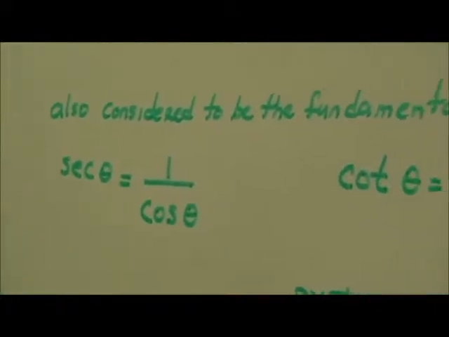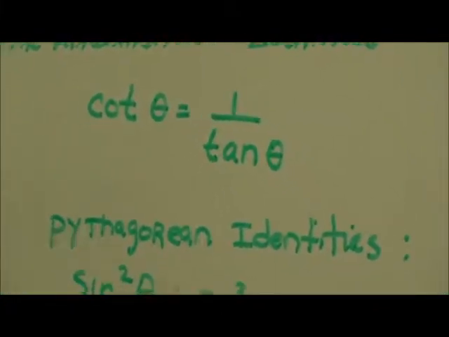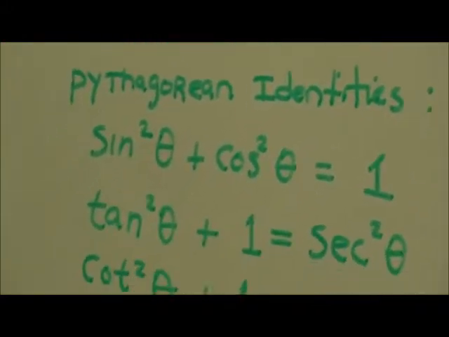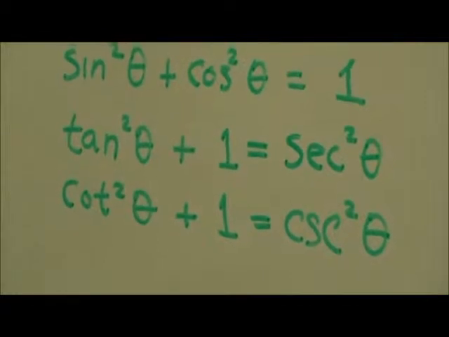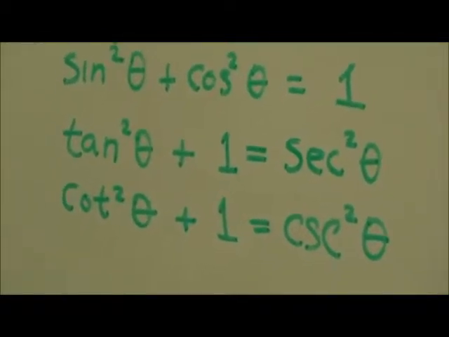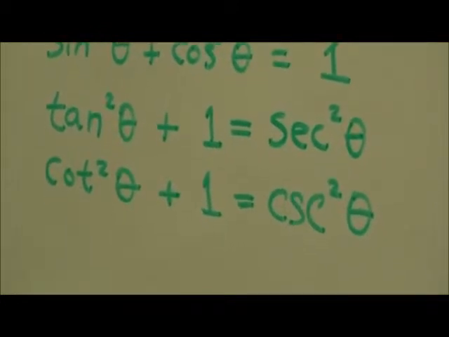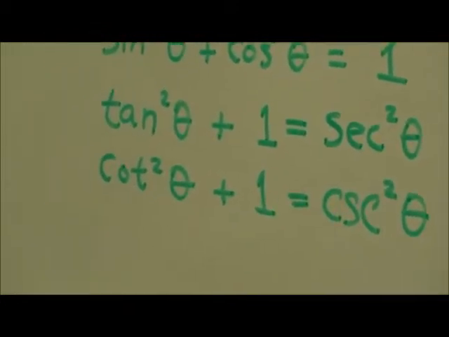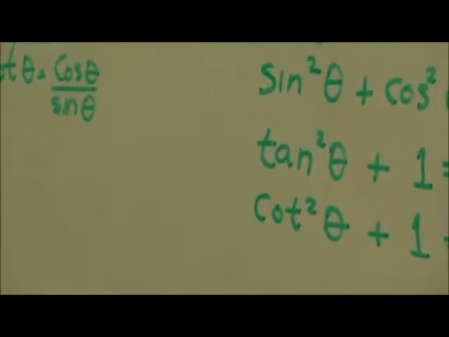So we have just derived one of the other Pythagorean Theorem identities. Let's derive another Pythagorean Theorem identity.